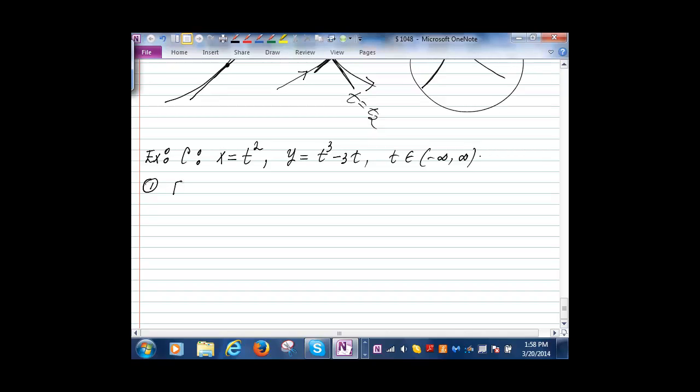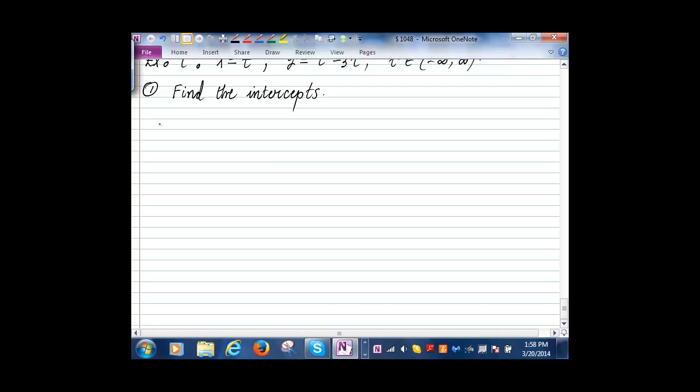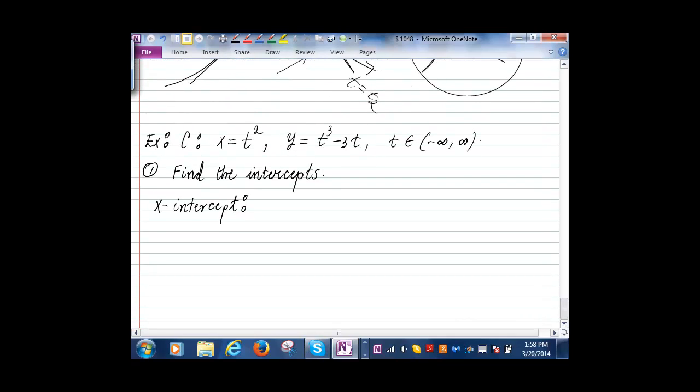So I need to find the x-intercept. Let's say I want to find the x-intercept first. How would I find the x-intercept? Can anyone tell me how I can find the x-intercept?